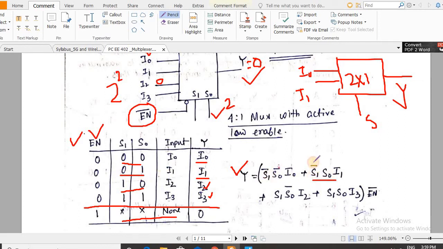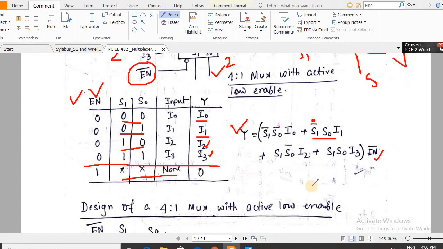S1 complement means it's bar, and S0 is 1. And above all, these terms will be ANDed with the enable input. So if the enable is 0, then y is there. If enable is 1, then y is equal to 0. So this is the basic output equation, or SOP representation, of y.